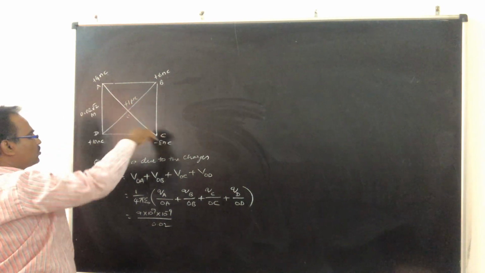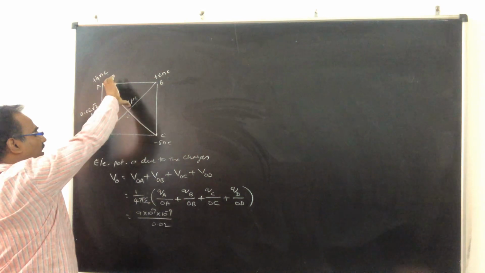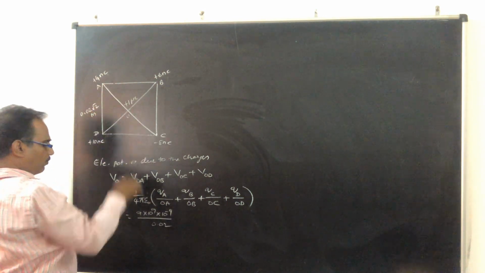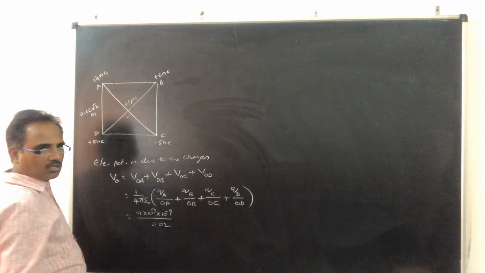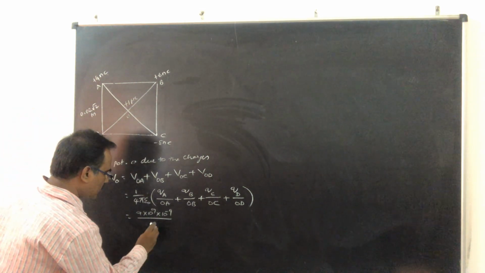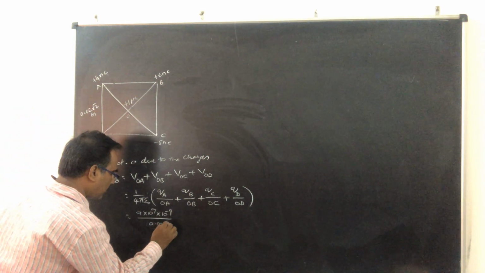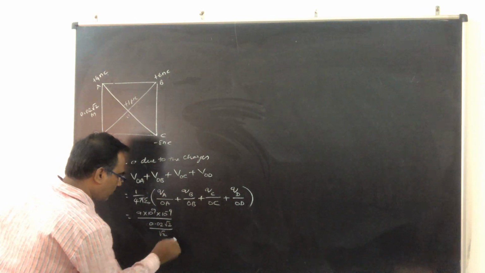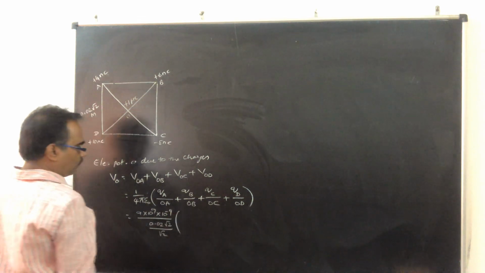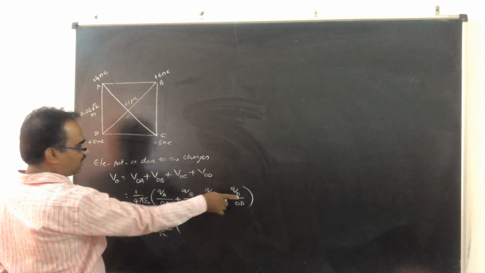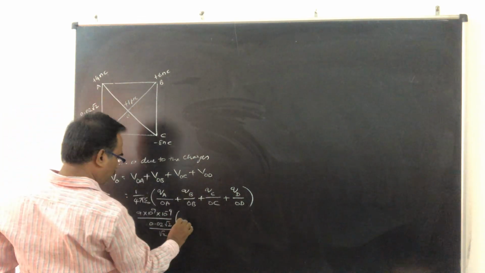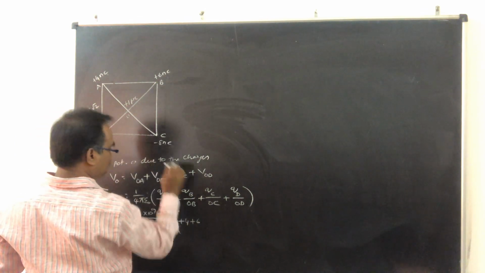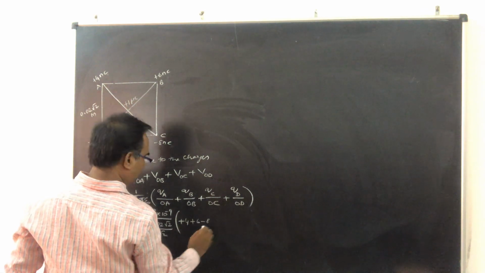Length of the diagonal means root 2 times the side. Half the length of the diagonal means 1 by root 2 times the side. So this term divided by root 2, it is 0.02. Otherwise write one more step, there is nothing wrong in it: 0.02 root 2 divided by root 2. And you are left with the charges here now. So this is plus 4, this is plus 6, this is minus 8, and this is plus 10.